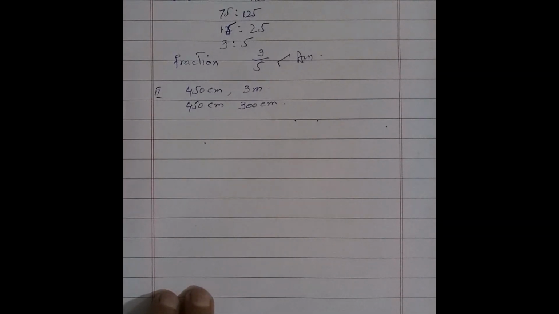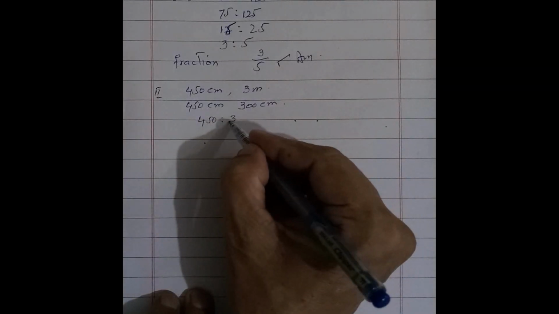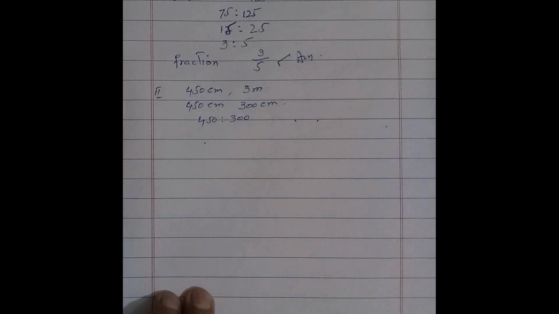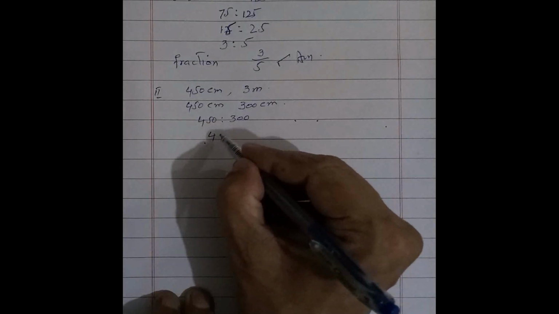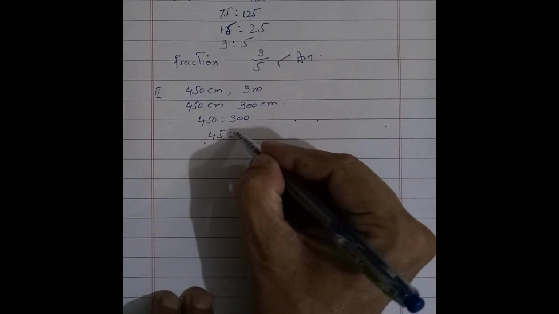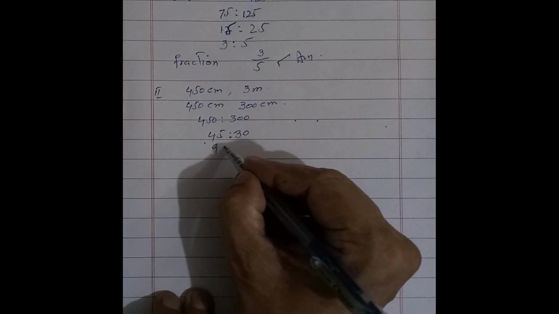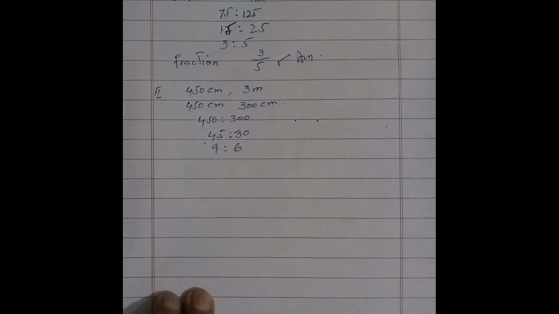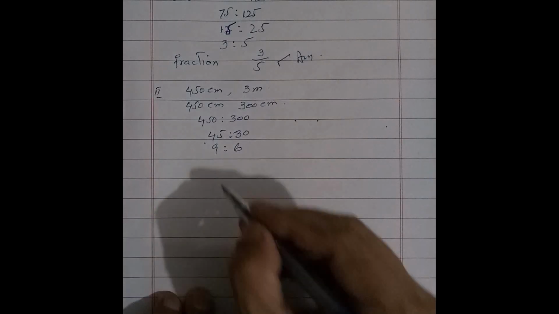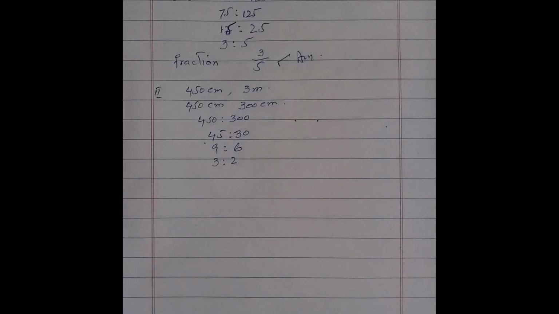Now we compare them as a ratio, which is 450 ratio 300. First we divide both by 10, we get 45 ratio 30, and it is further divided by 5, we get 9 ratio 6, and then it is divided by 3, we get 3 ratio 2.